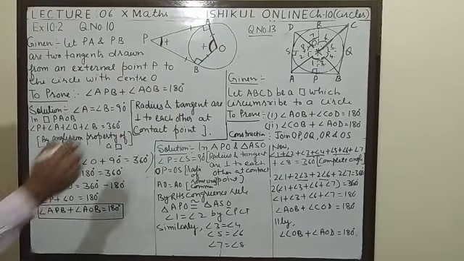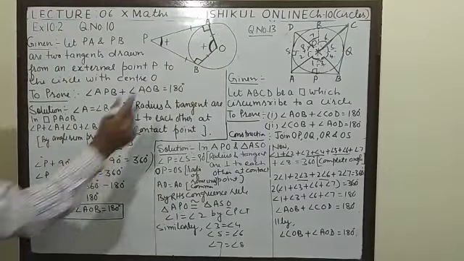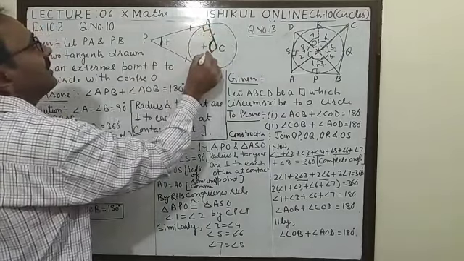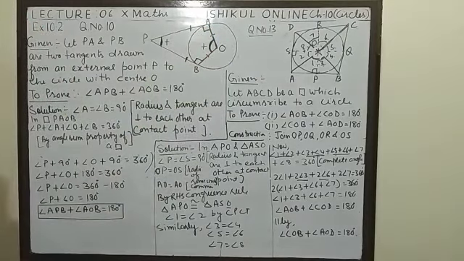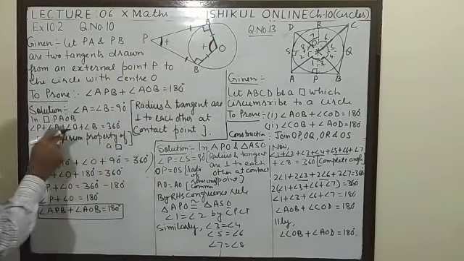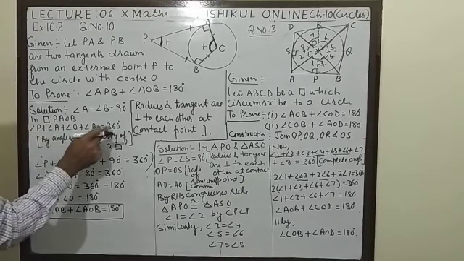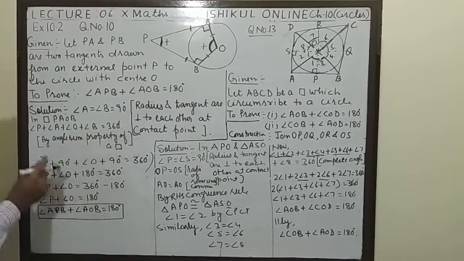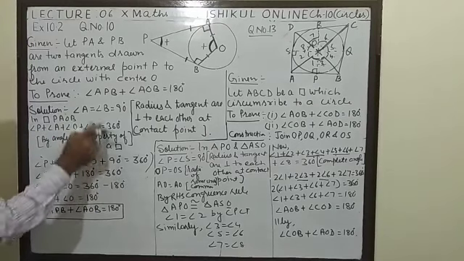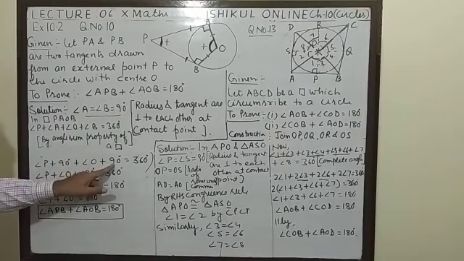Solution. This is very easy. Angle A and angle B are equal to 90 degrees because the radius and tangent are perpendicular to each other at the point of contact, Theorem 10.1. And then in quadrilateral PAOB, by the angle sum property of a quadrilateral, angle P plus A plus O plus B equals 360. Angle A and B are 90 each, so 90 plus 90 is 180.